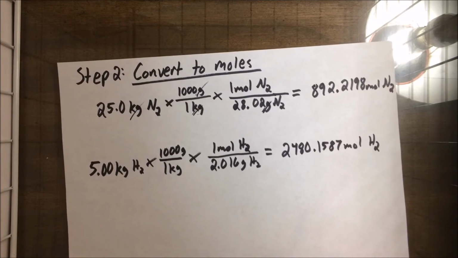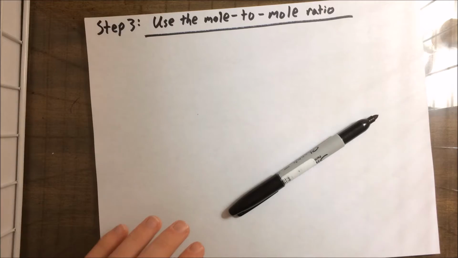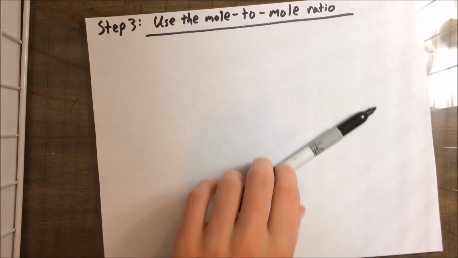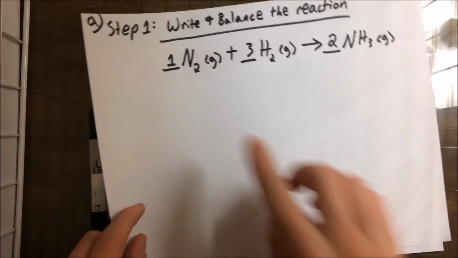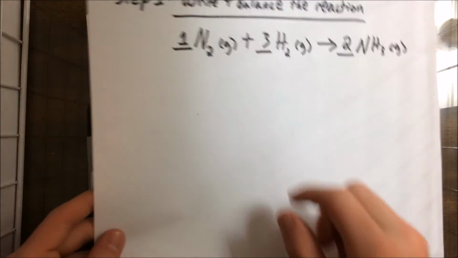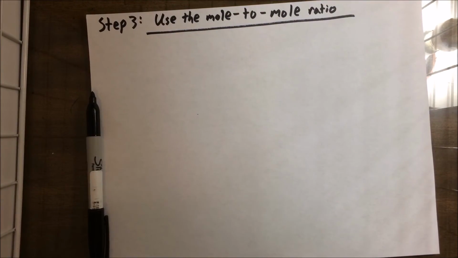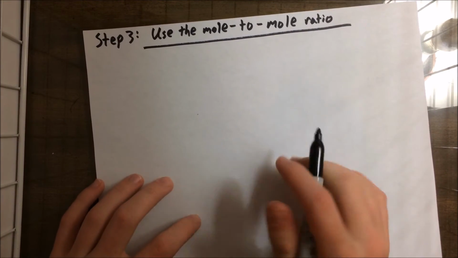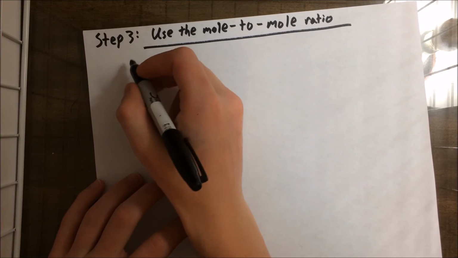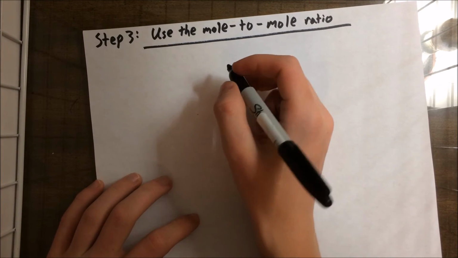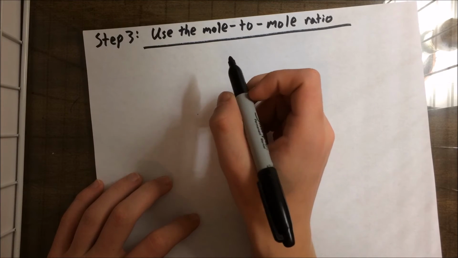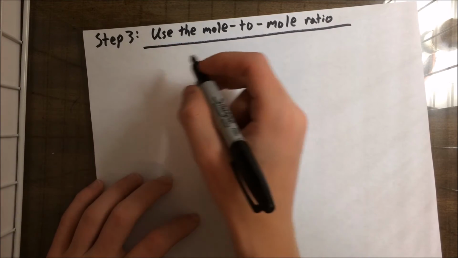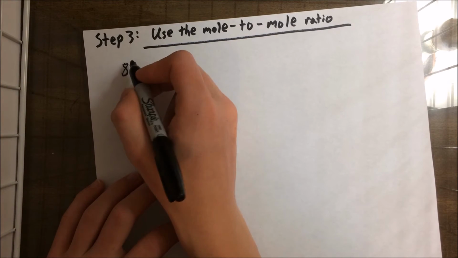Okay, so then step 3 is to use the mole to mole ratio that we get from the balanced equation from earlier, so 1 to 3 or 1 to 2 or 3 to 2, etc. And we're going to use that to find the limiting reactant. So let's take the ratio of nitrogen and hydrogen in the following form.